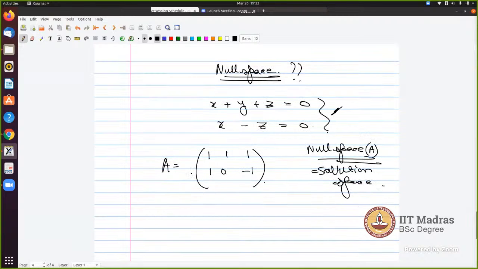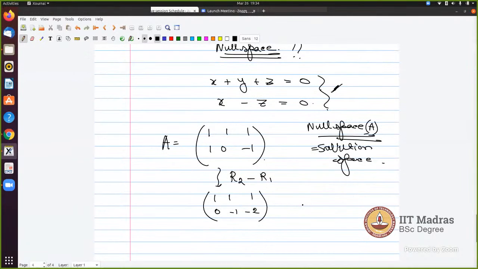Now, can you tell me what is the dimension of this null space? What I have to do? We have to find a basis of this solution space, right? Yes, sir. I will do the row reduction first.